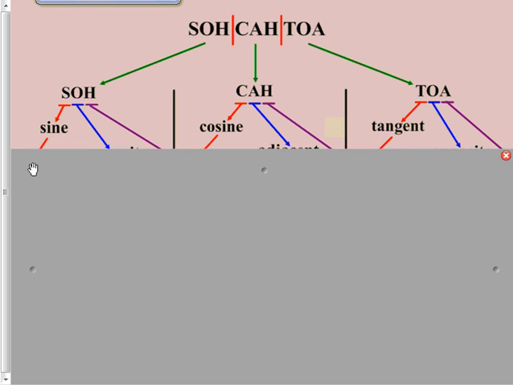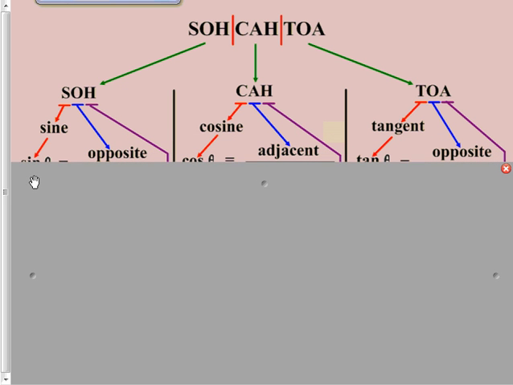Okay. The second letter in each group of three is actually referring to the numerator of a ratio. So in the case of sine over on the left, the numerator of the ratio is going to be opposite. For cosine, the numerator is going to be adjacent, and for tangent, the numerator is going to be opposite.